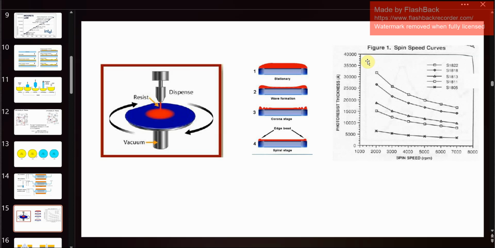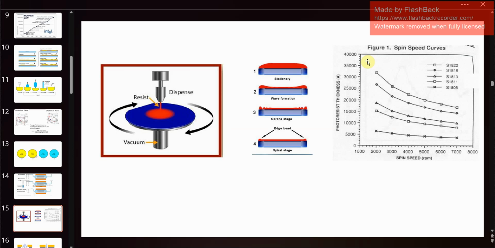There is a chuck, and on that chuck you place your silicon wafer, and then you put the photoresist in such a way that it completely spreads on the wafer. Depending on the speed at which you put the resist, the coating characteristics will change.